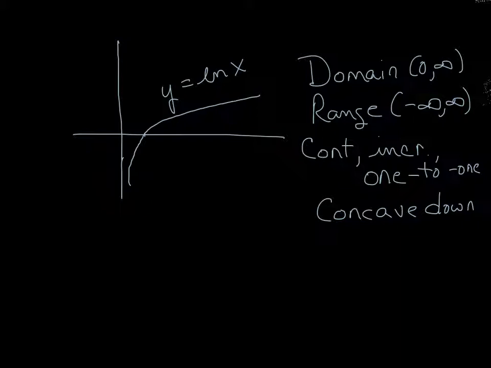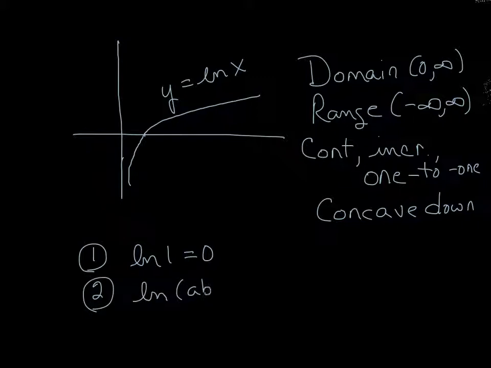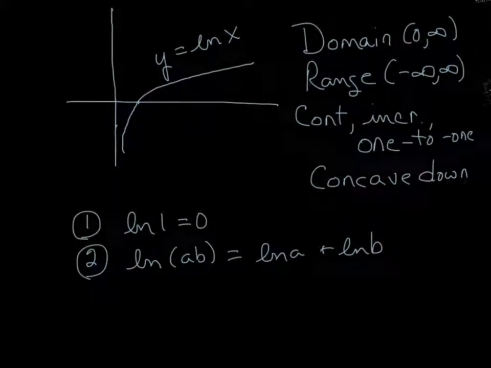There are some properties of natural logs that we learned last year. One of those properties, and we just talked about this, is that the natural log of 1 is 0. The natural log of a times b can be expanded to the natural log of a plus the natural log of b. We worked with that a good bit last year.